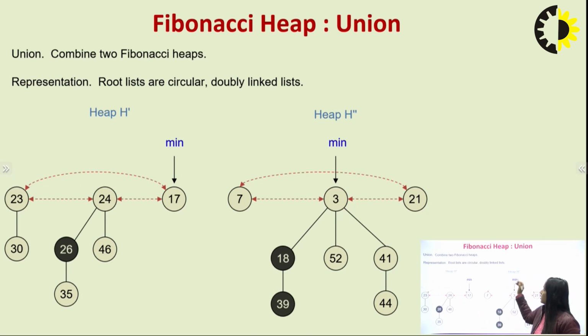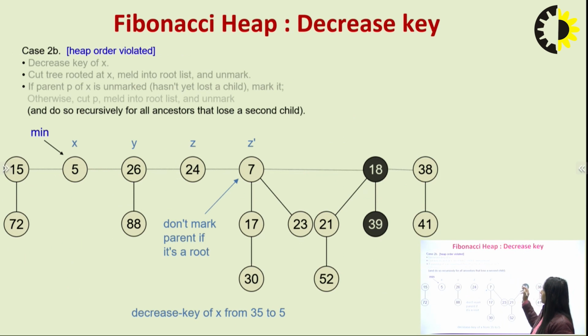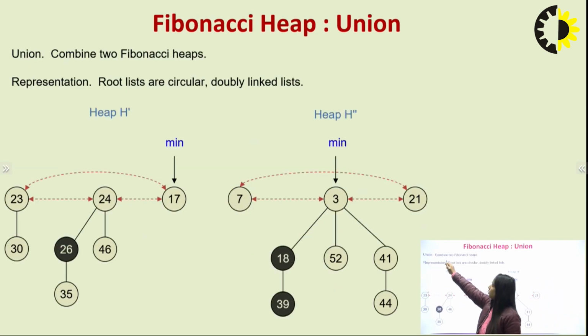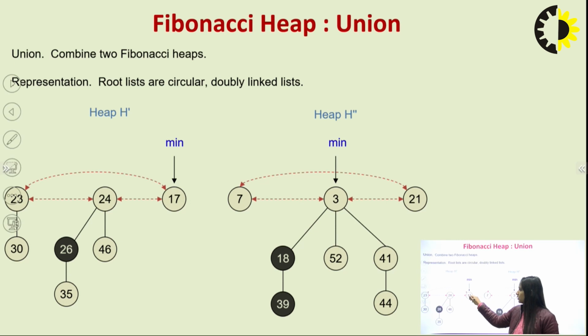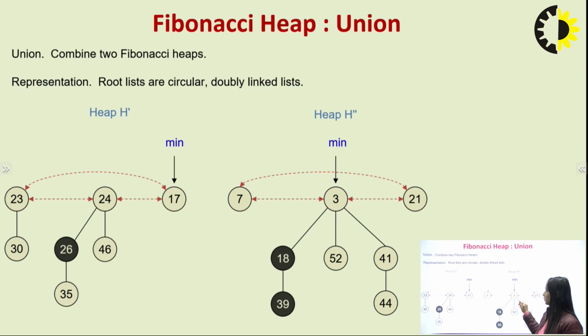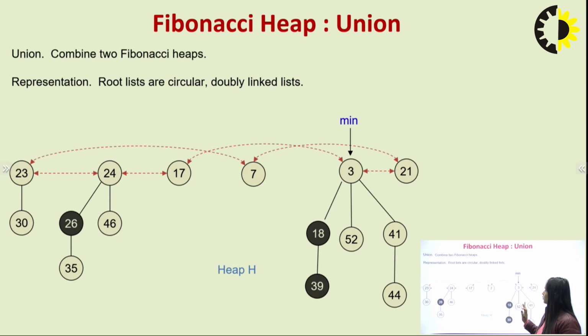In the union, we simply need to combine two Fibonacci heaps. In this Fibonacci heap, this node is the minimum, and in this Fibonacci heap, this node is the minimum. We just need to combine them.